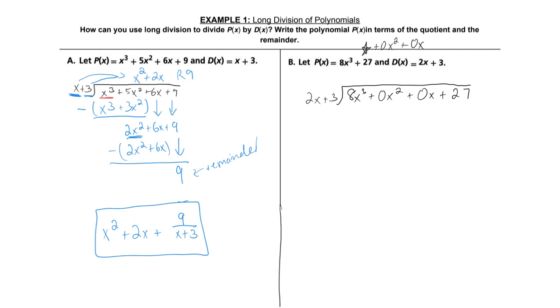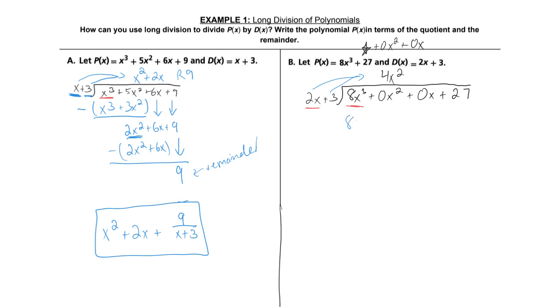Again, just like before, what times 2x gives us 8x cubed? Well, 4 times 2 gives us 8, and then x squared times x gives us x cubed. So 4x squared. Then we need to multiply both terms times that.